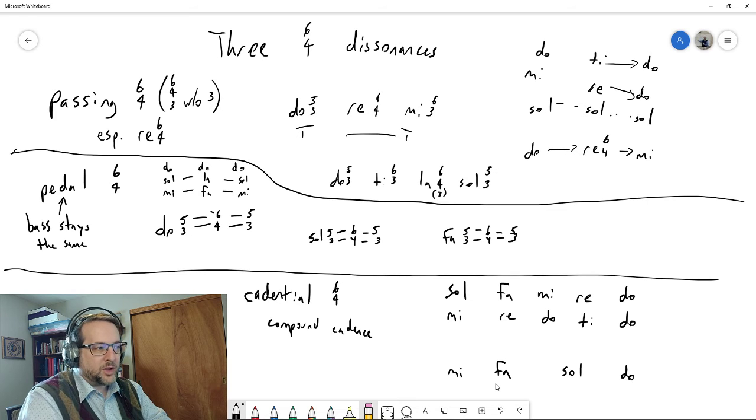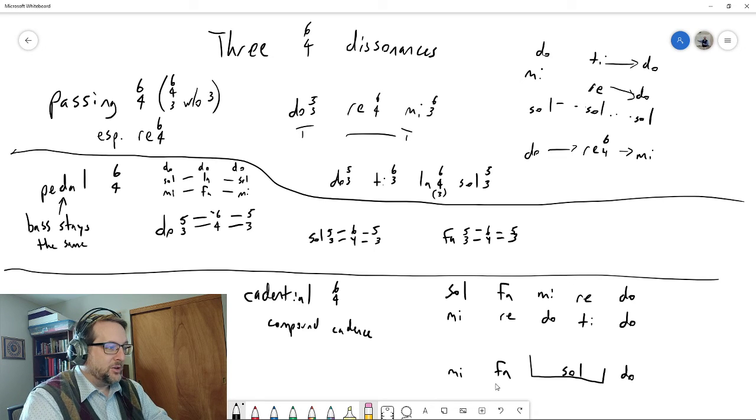Well, in a compound cadence, what we have here is two things happening on top of the sol. If we were to count up, throw in the middle voice where we're at, do, la, sol, sol, sol. Or do, la, sol, fa, mi would sound great, depending on how I wanted to go with that. Probably sol, fa, mi, because I'm ending with do, do, do there.